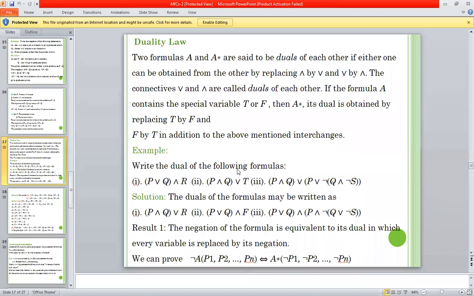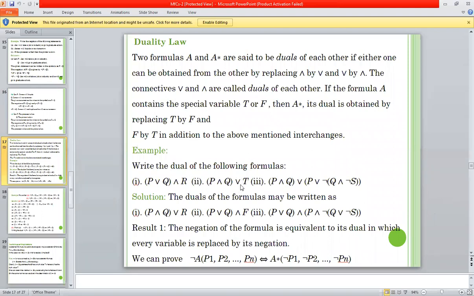The first statement: P or R, Q and R. So the given formula is P or R, Q and R. The dual of the given formula: in place of "or" we replace "and", and in place of "and" we replace "or". So the resulting formula is P and Q or R. So the second one, given formula: P and Q are true.